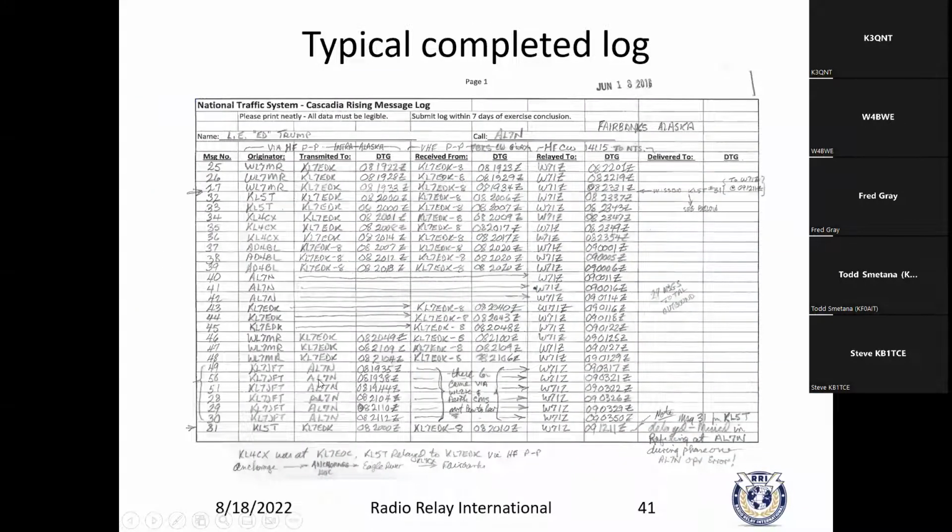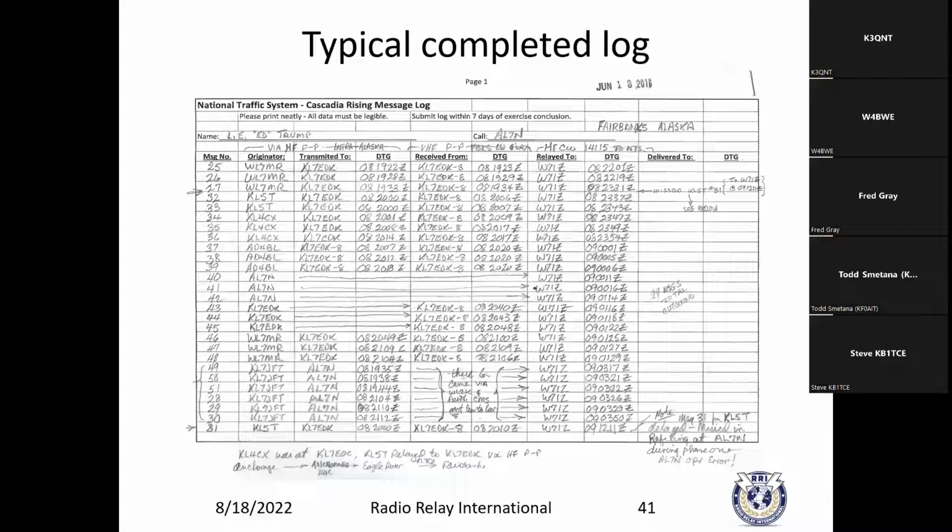We also looked at the radio logs, which allowed us to measure propagation times. For example, this is from AL7N in Fairbanks, Alaska. This is his log. He received traffic on a peer-to-peer WinLink digital network. Because of the distances involved, 2,300 miles, as well as propagation anomalies as you near the Arctic Circle, all of the traffic was transferred to a point-to-point high-frequency radio telegraph circuit to Washington State.